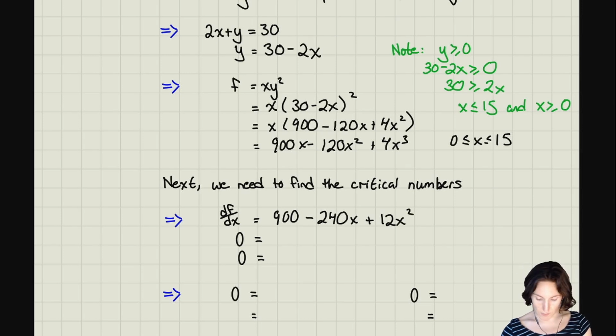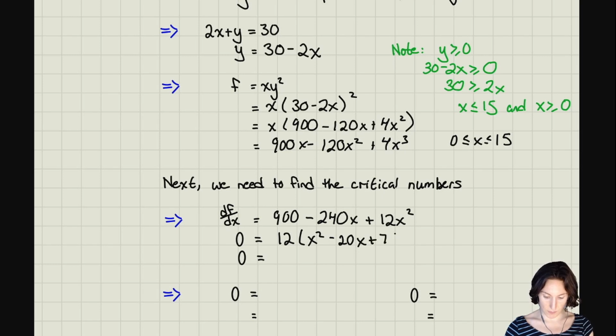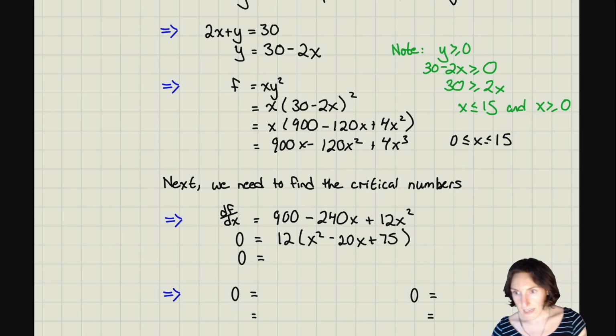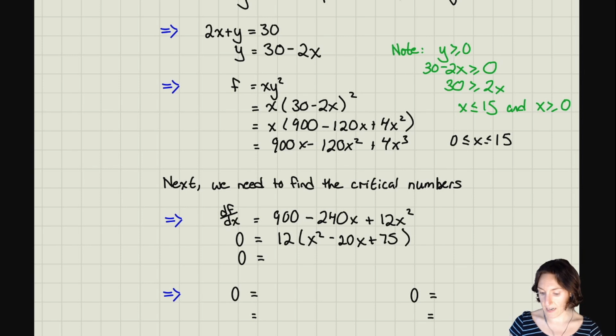I set my derivative equal to 0, and I'm going to factor out a 12, and I'll write it with the highest degree first. So x squared minus 20x, since 20 times 12 will give me 240, and then plus 75, since 75 times 12 will give me 900. Now 15 times 5 gives me 75, and if they're both negative, that works with this plus, and the middle will be negative, so it all works out well.